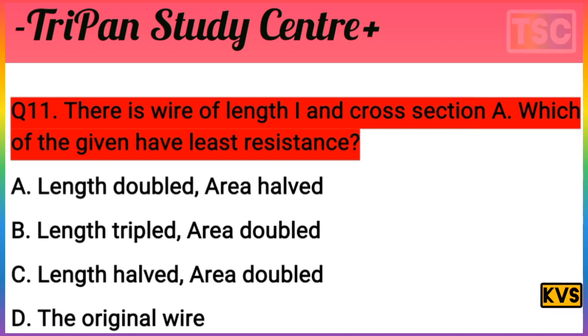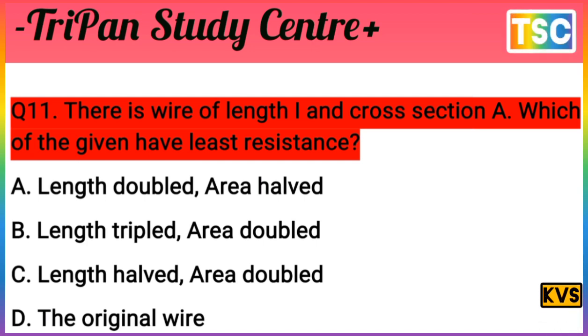Next question on your screen: there is a bar of length l and cross section A. Which of the given options has the least resistance?